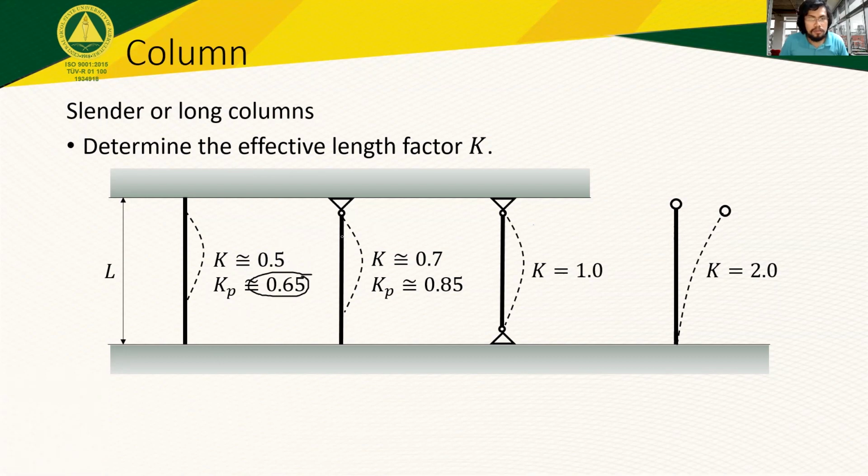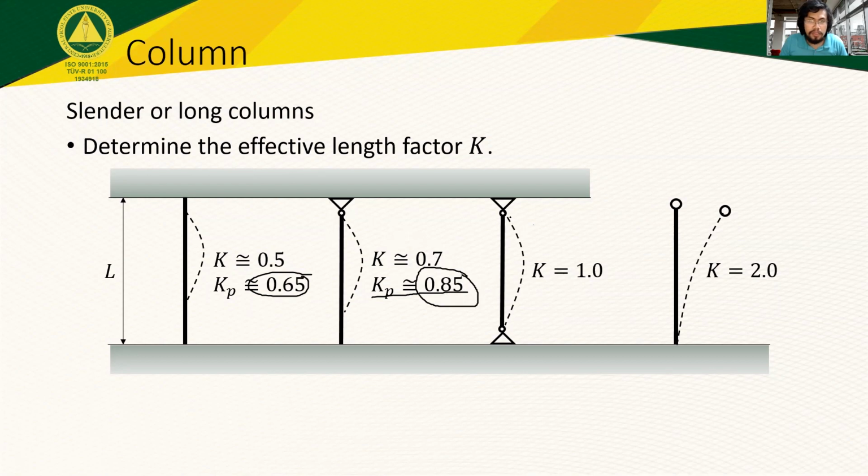For a column that's fixed on one end and the other is just pinned, so there's a possibility of movement in terms of direction, a k of 0.8 is used instead of 0.7. This is the minimum that can be used, but instead, to add some safety factor, make use of this one.